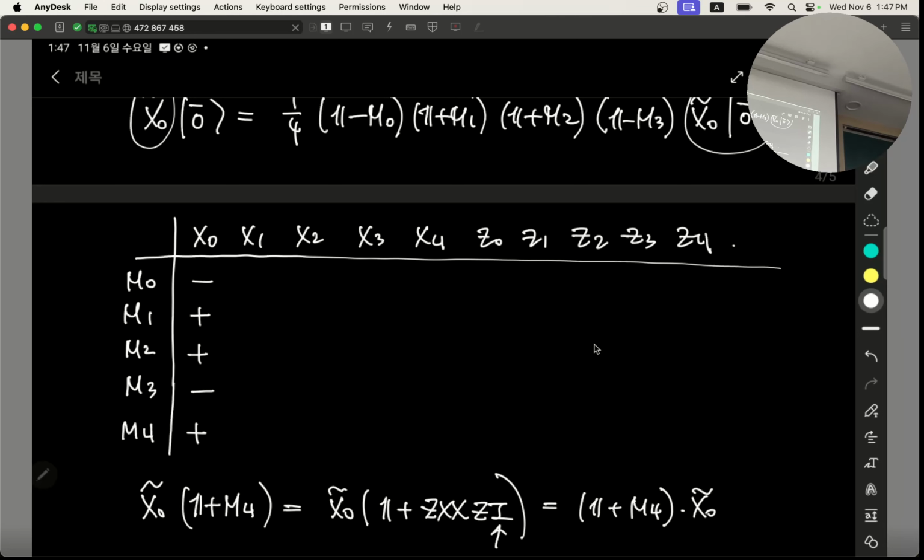Start from x1. Try x1 here. Do we all have the same table? I'm going to write m0 to m4.